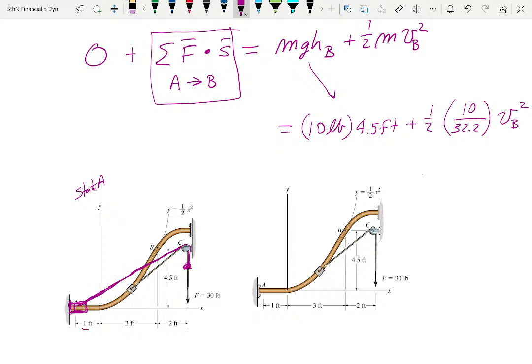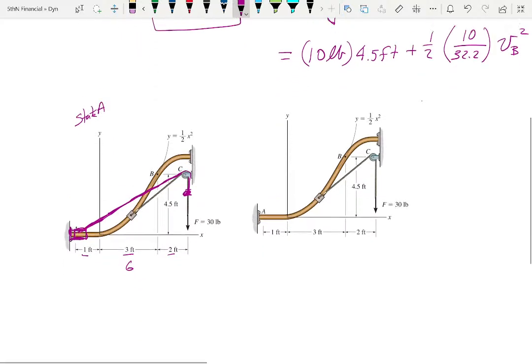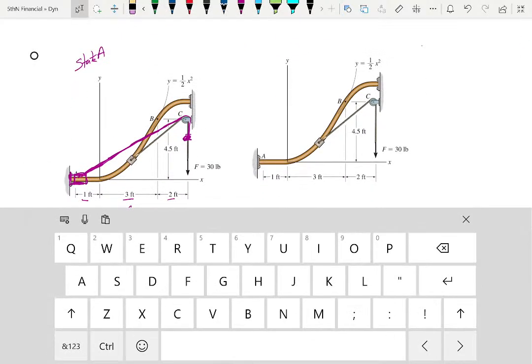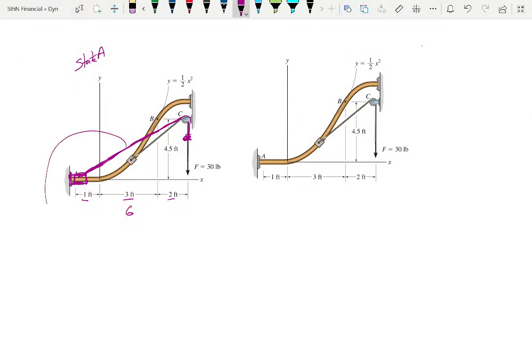Let's say it's 1, 3, and so that becomes 6, right? And it's still 4.5 up. So my contention is that the rope length right there is going to be the square root of 6 squared plus 4.5 squared.